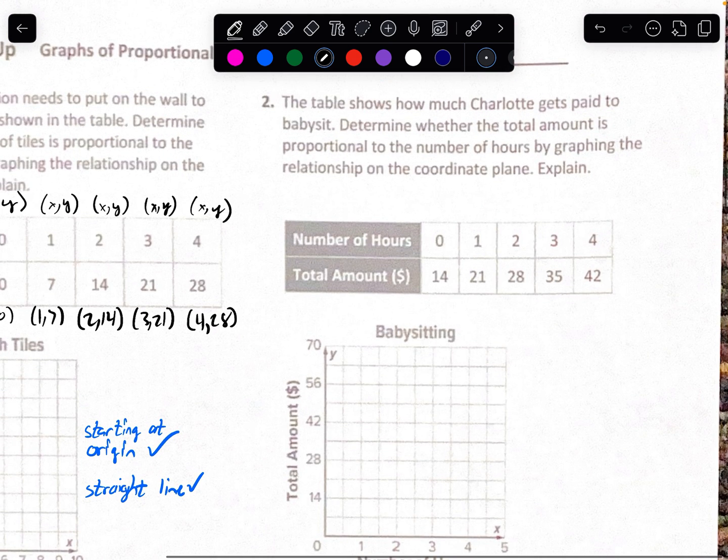Let's go over to number 2. So I'm going to put in my x, my y, and it says here the table shows how much Charlotte gets paid to babysit. Determine whether the total amount is proportional to the number of hours by graphing the relationship on the coordinate plane. And then we have to explain.